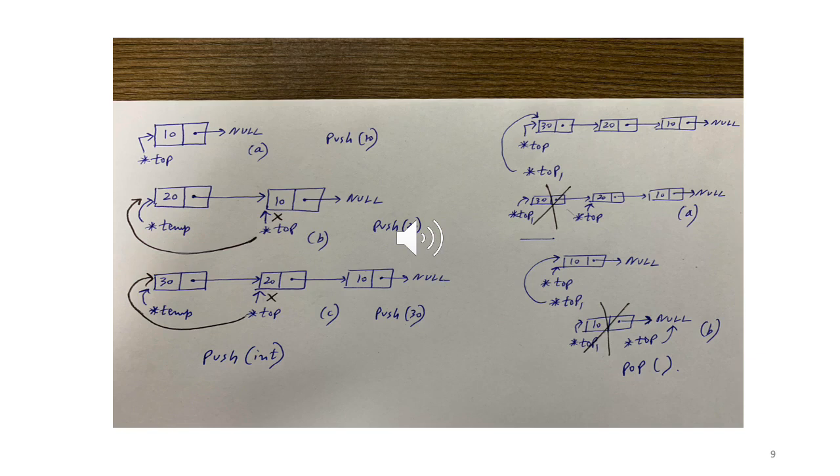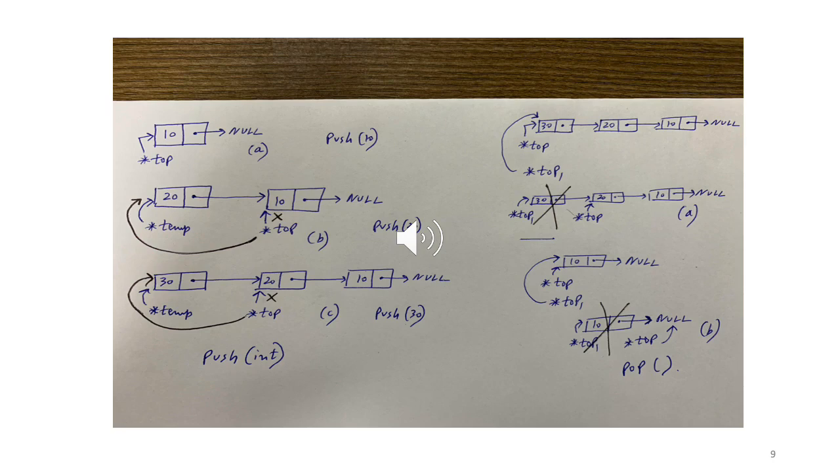Now adding the second node. When we call push again, this time with data equal to 20, again we check top, is it null or not? Of course not, it's non-null because it contains the starting memory location for the node with info value 10. So the if top is equal to null part is not executed, the else part will be, for subsequent elements.